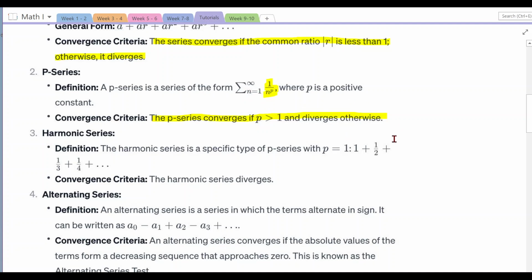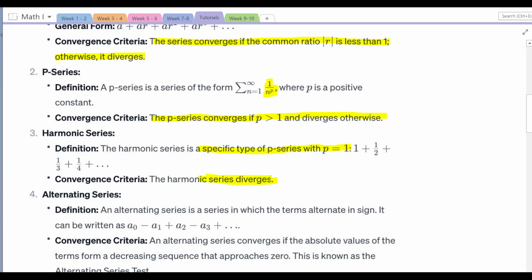The power stays the same, which is equal to 1. So let me just highlight that: a specific type of p series with p equal to 1. For example, 1 plus half plus 1/3 plus 1/4 and so on. So the harmonic series in this case will always diverge.